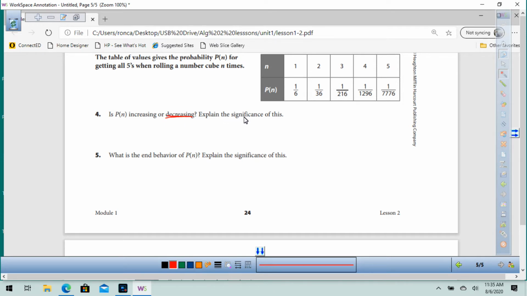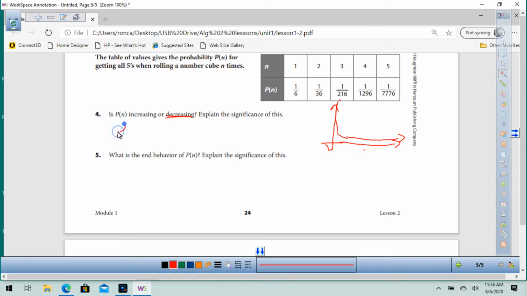Explain the significance of this. Well, if you were to draw a little graph here, it would look something like this. And then it goes like that. It's getting closer and closer to 0.